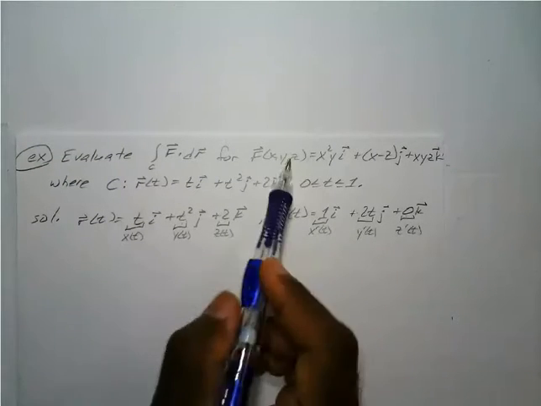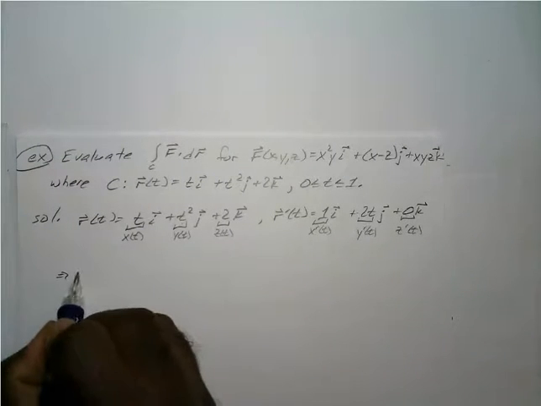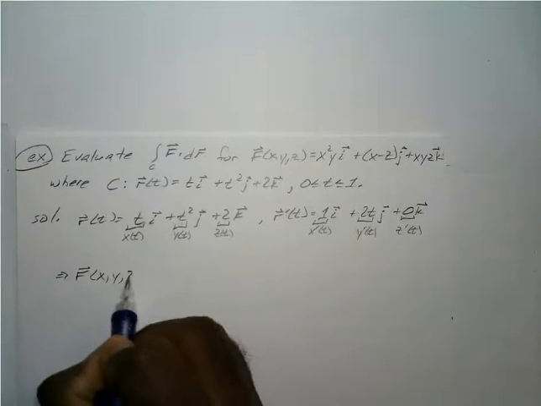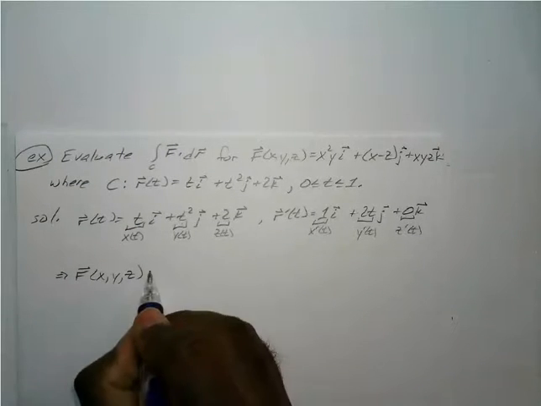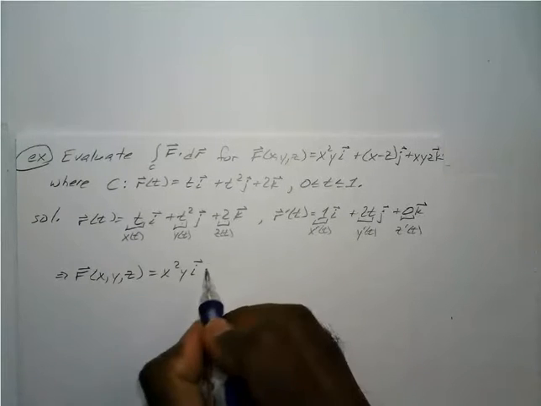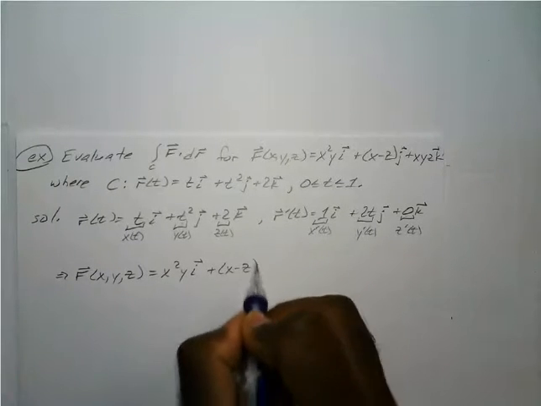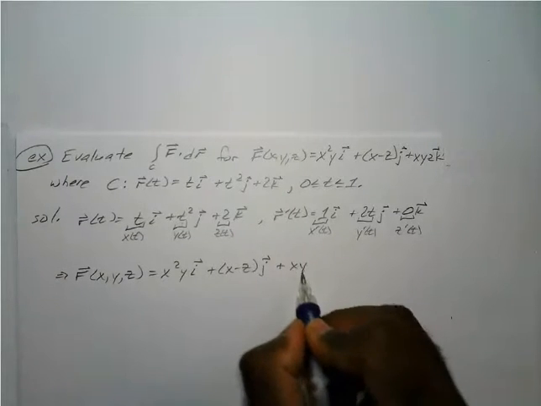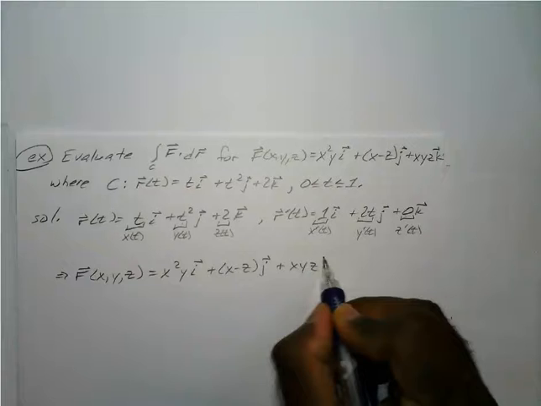All right, so we also know that our f of x, y, z, our vector field, is equal to x squared y times your i unit vector plus x minus z times your j unit vector plus x, y, z times your k unit vector.